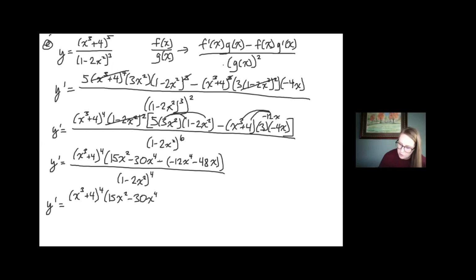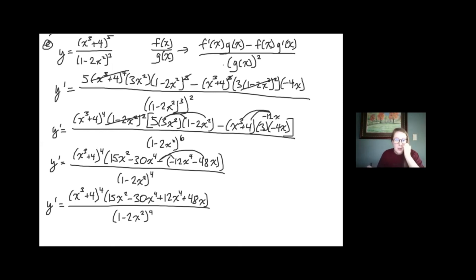And then we're going to distribute this negative. So this becomes plus 12x to the 4th plus 48x. The denominator stays the same. Now we have like terms in the numerator that we can combine. These x to the 4th terms, we can combine those.